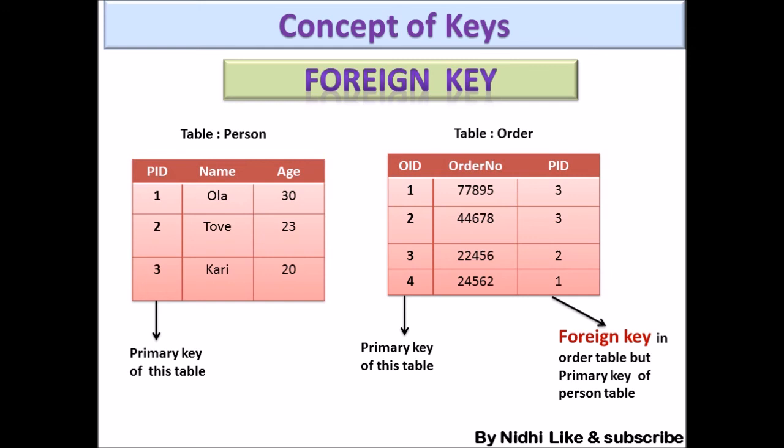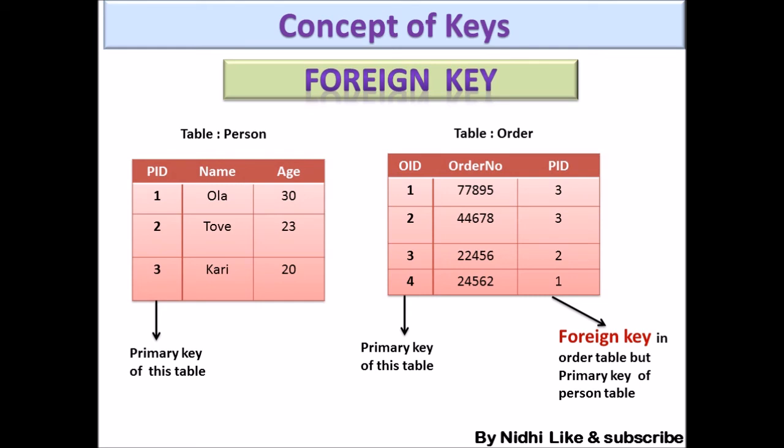As an example, if our president goes to some other country, that country also has its own president, who is the primary key of that country, and our president becomes a foreign key in that particular country. A foreign key is also known as a referencing key. So here PID is a referencing key or foreign key, and it is a primary key of the person table. So this is the concept of foreign key.